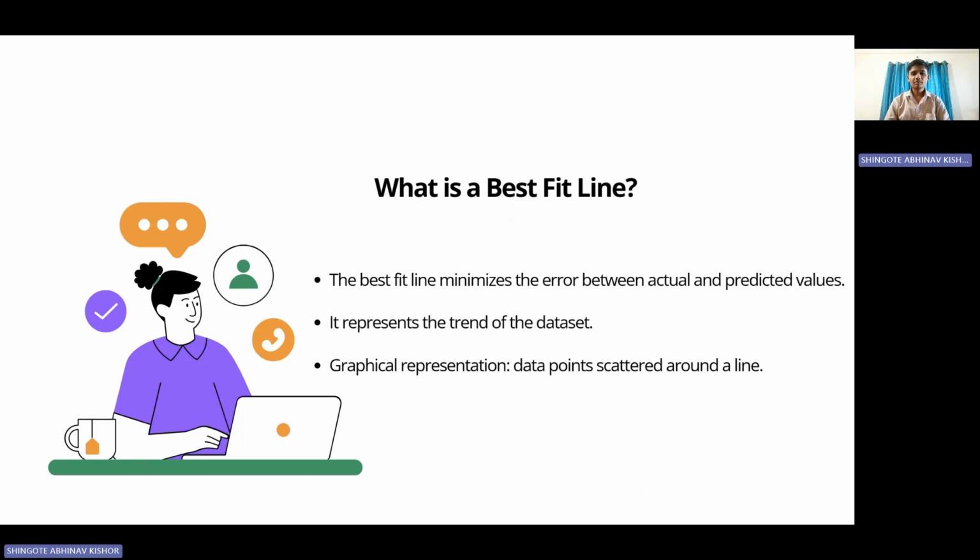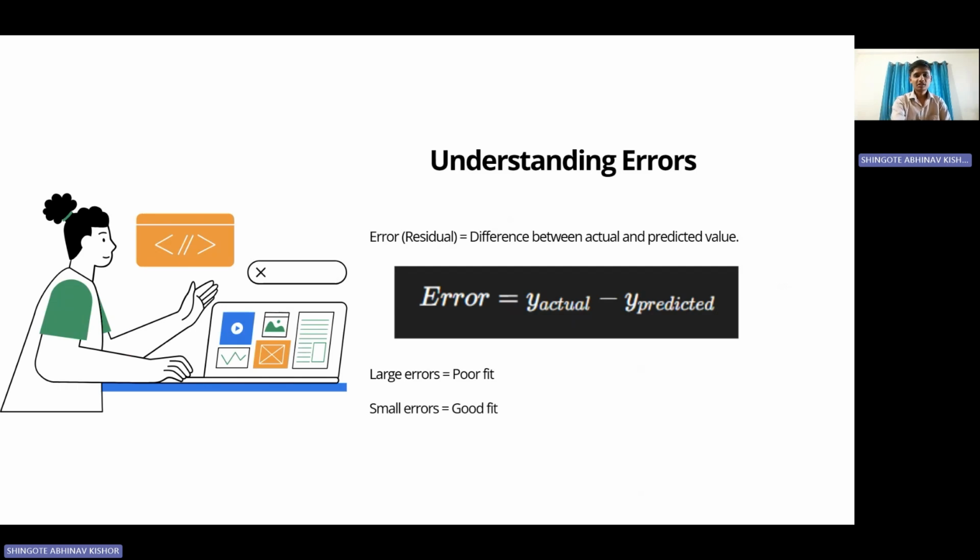The smaller the difference, the better the fit. The best line is the one with minimum error.